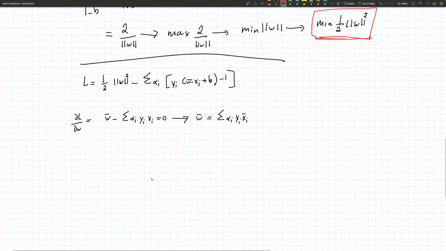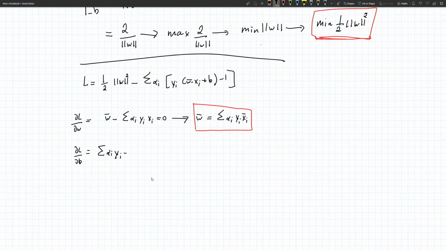So we get a value for w. Then when we differentiate L with respect to the constant b, we get the sum of alpha i y of i equals 0. That will also be beneficial for us to calculate the function that we need to maximize.